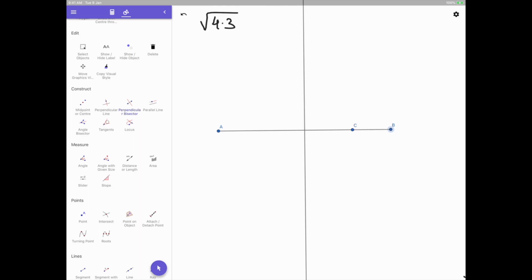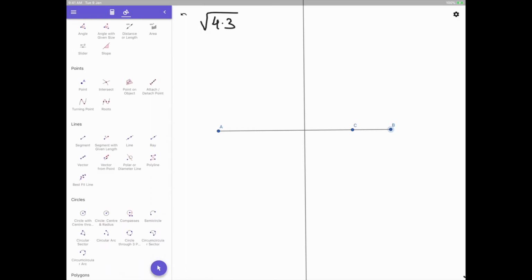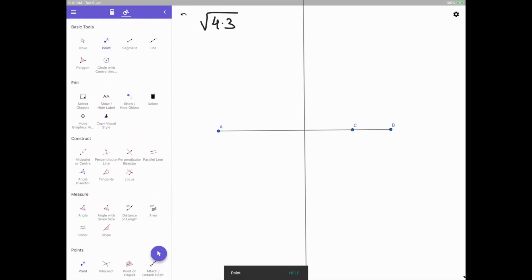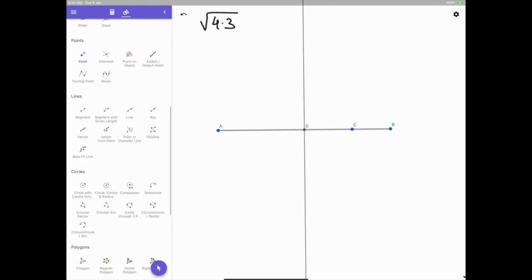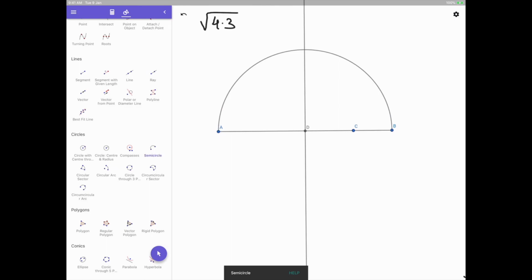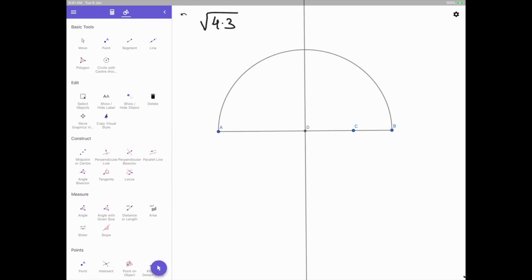Now I have to draw a semicircle by taking D as the center. We will be drawing a semicircle from A to B. So a semicircle is created here, and now at the point C we will draw a perpendicular line.